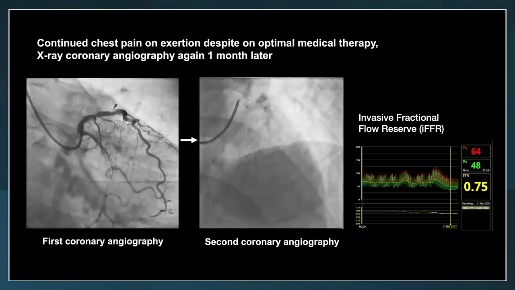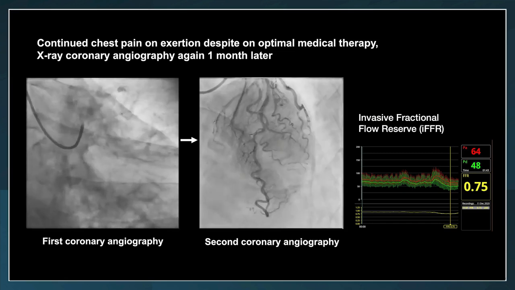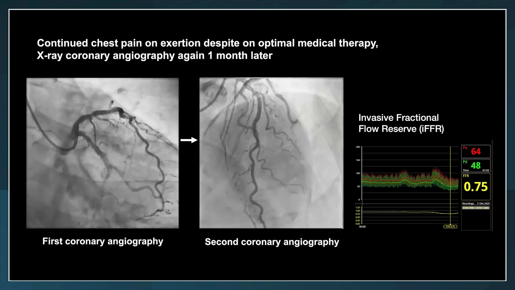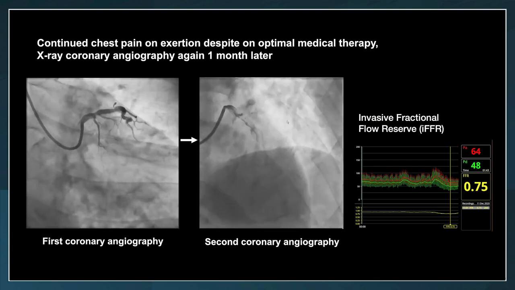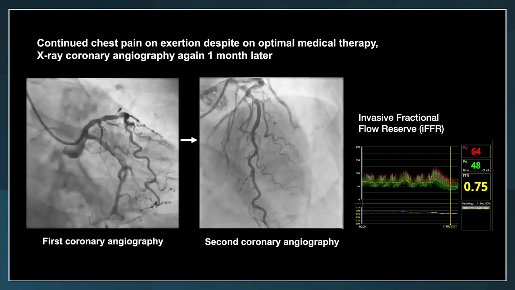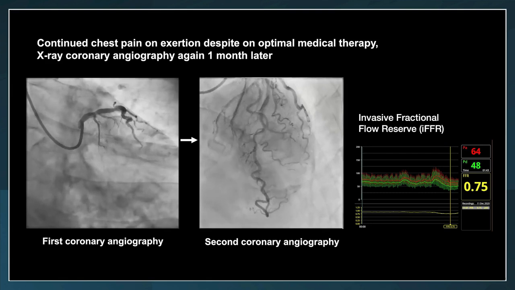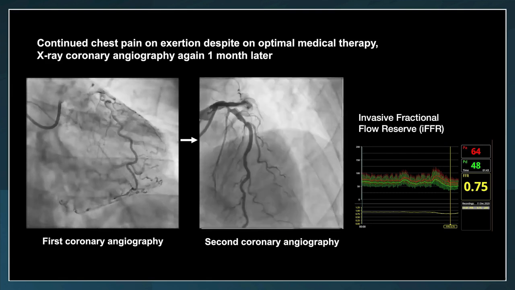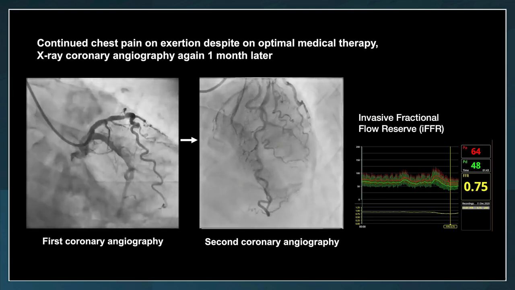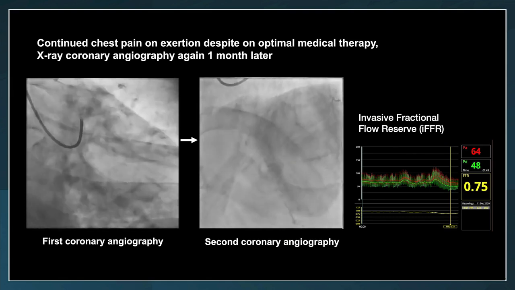It was a significant lesion, as predicted by the cardiac MRI, with an invasive FFR value of 0.75. Therefore, with this repeated coronary angiogram and the abnormal finding inferred by the cardiac MRI, he underwent coronary stenting of the LAD a month later, and his symptoms completely subsided within a week.